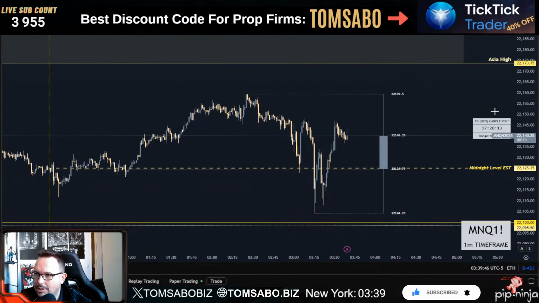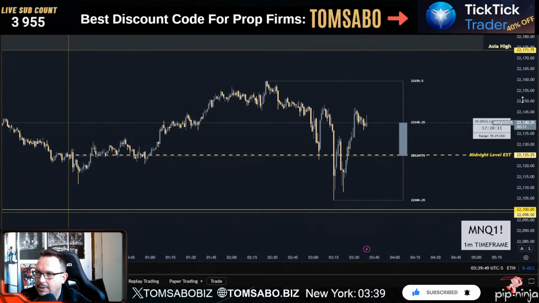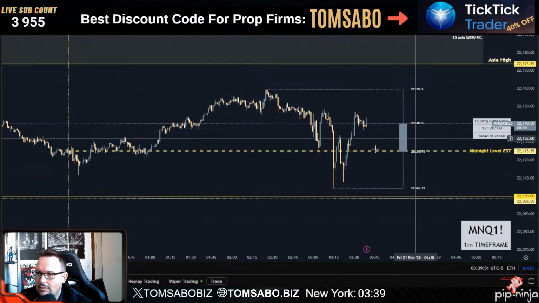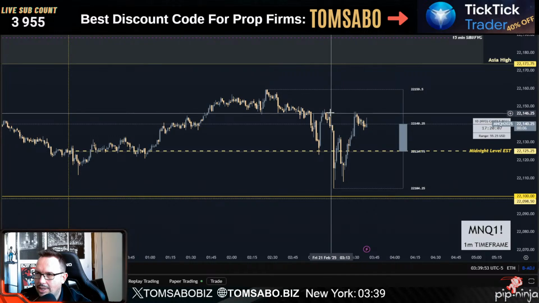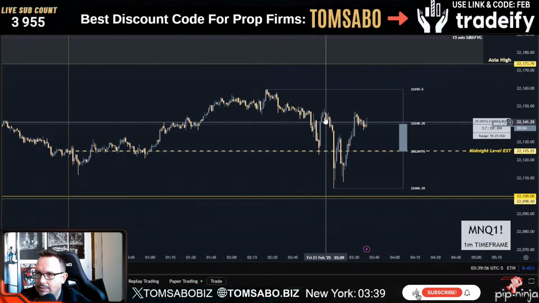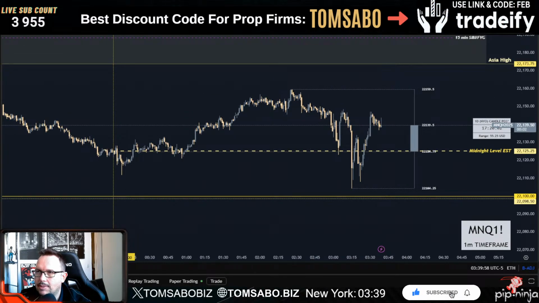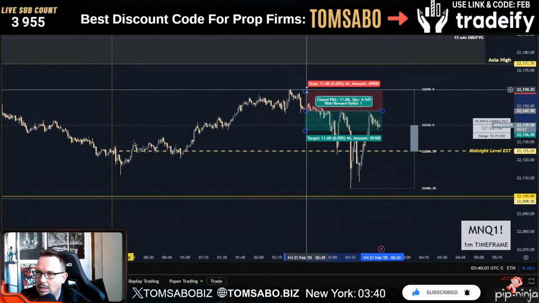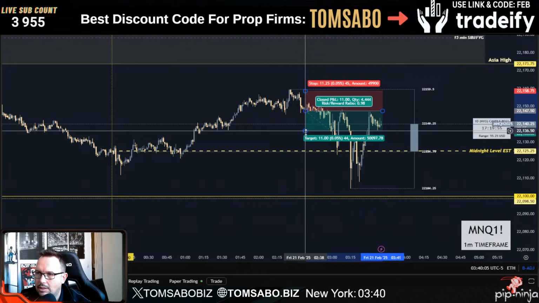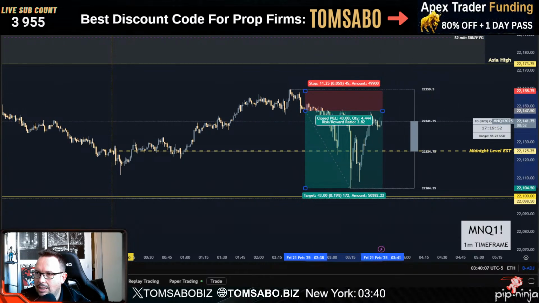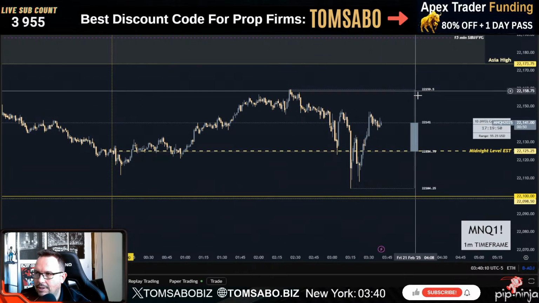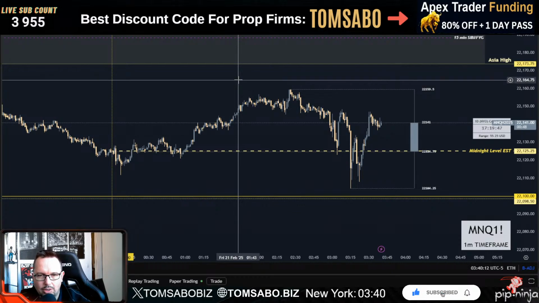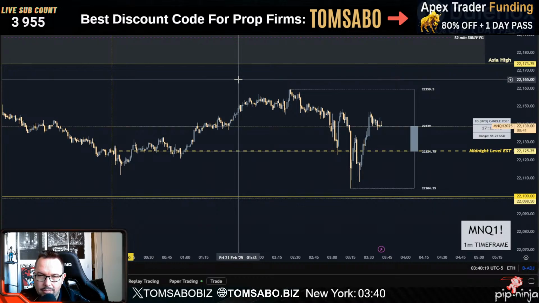That's why I'm a little bit 50-50 here. And my previous trade would technically still be valid, I guess, because my entry was somewhere here and my stop was somewhere around here. I would have been still in, but I have a feeling that it's just not finished.